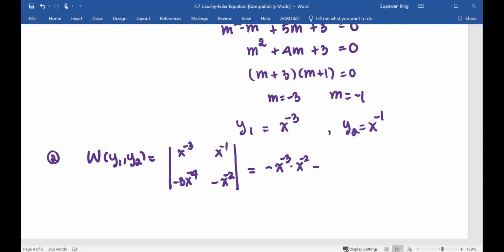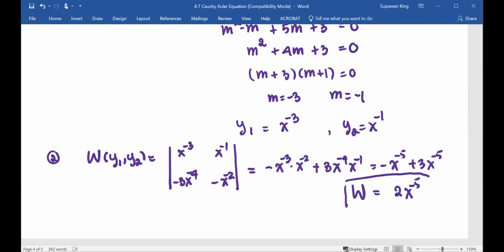Subtract another negative, the negative sign becomes plus sign, 3 x to the negative fourth, x to the negative first. Combine the exponent to get the power as x to the negative fifth plus 3 x to the negative fifth, combined to be 2 x to the negative fifth as W.